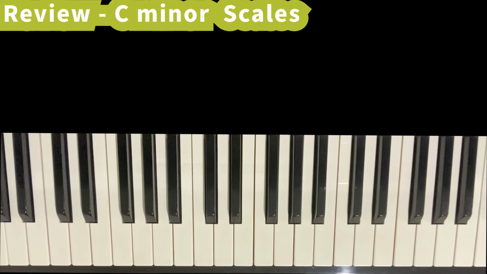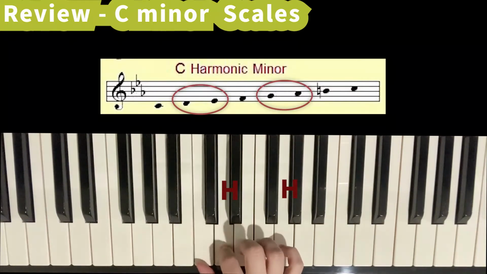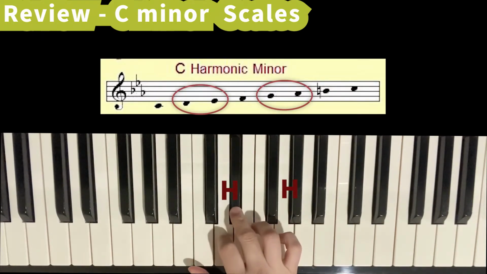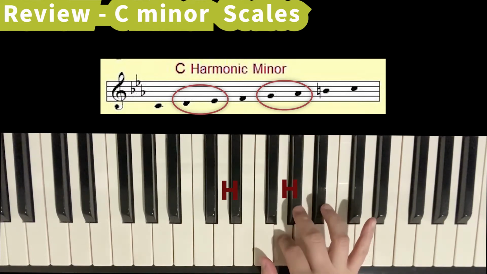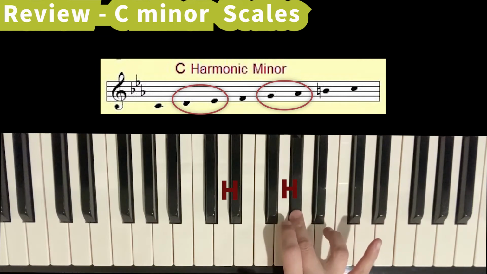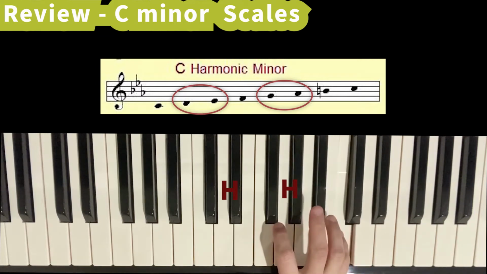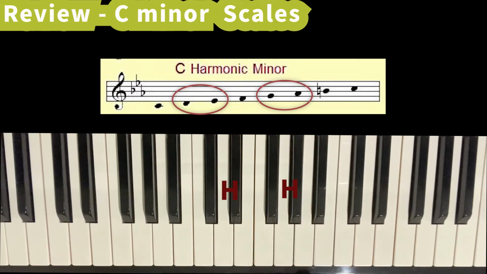For the minor scale, there are half steps between 2 and 3, and between 5 and 6. But in minor, this is called the natural minor scale.